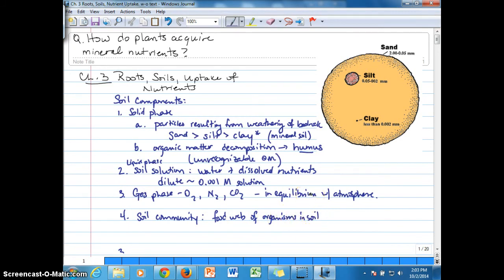And as a result of their activity, they lead to decomposition of organic matter. And basically make nutrients available to the plant, in part. We'll see a couple of different sources of nutrient availability for plants, but this is one of them.